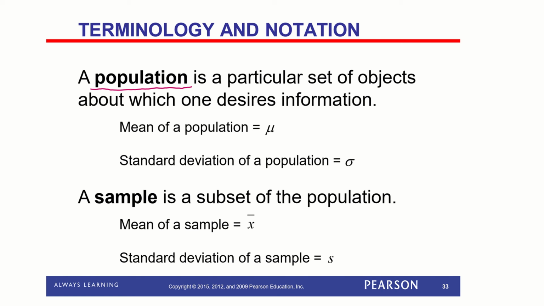Sometimes it is impossible for me to look at every single junior's ACT score, because everybody in the entire United States or the entire world is too many kids to take data from. It might be impossible, it might cost too much, or it just wouldn't make sense spending that much time. So instead of looking at an entire population, I would look at a sample, which is a subset of the population.